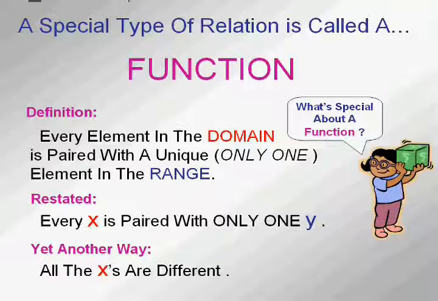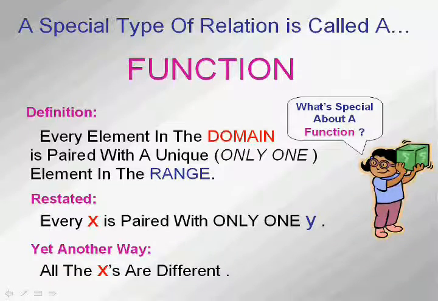So we're going to limit our practical relations to functions. And these are the ones that, if you would, have only one answer. Or, as I said, every element in the domain, the x's, is paired with only one element in the range, the y's. Let's look at some examples.